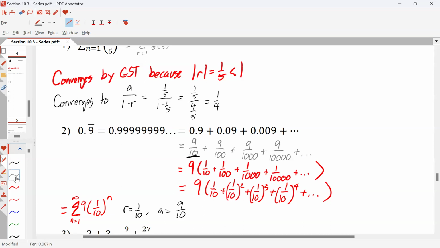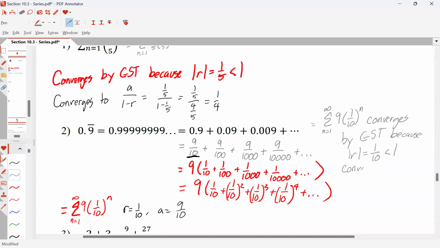So this series, which is the sum n equals 1 to infinity, 9 times 1/10 to the n, converges by the geometric series test, first, because the absolute value of R is equal to 1/10, which is less than 1.